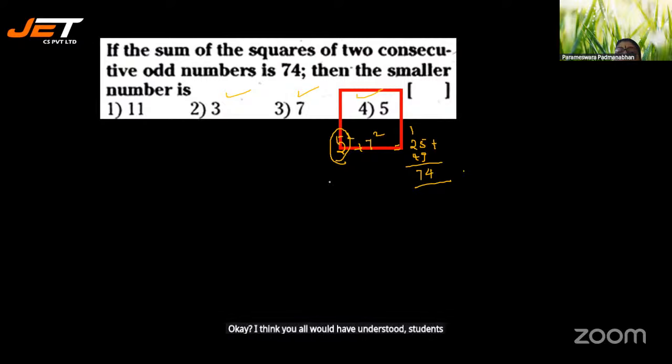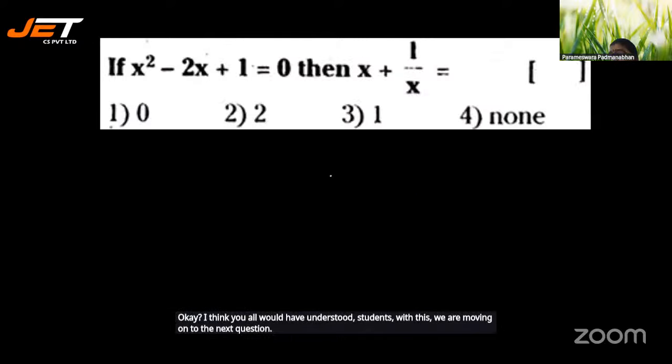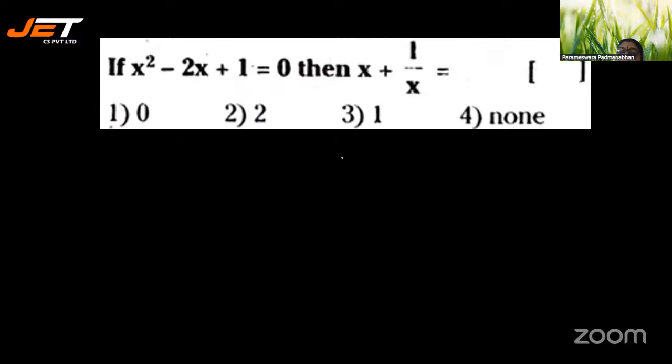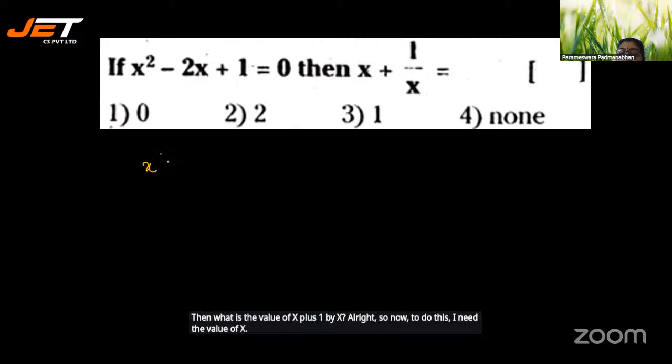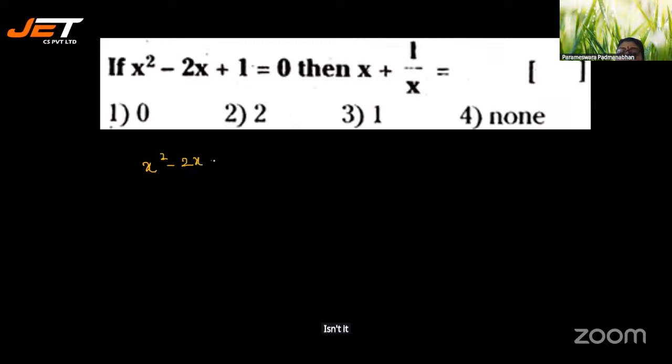With this, we are moving on to the next question. X square minus 2x plus 1 is 0. Then what is the value of x plus 1 by x? All right, so now to do this, I need the value of x. Isn't it? So x square minus 2x plus 1 is 0. So let me factorize it. X square minus x, which will be plus 1.